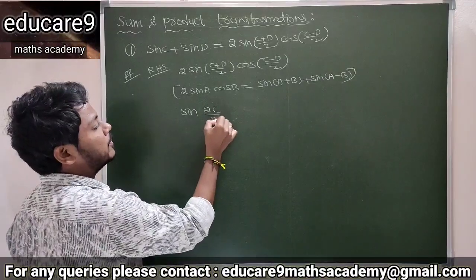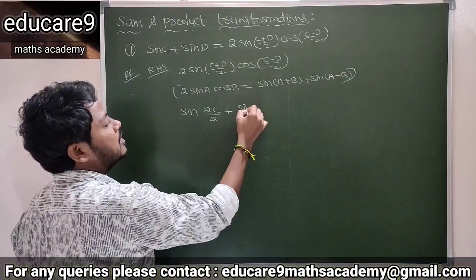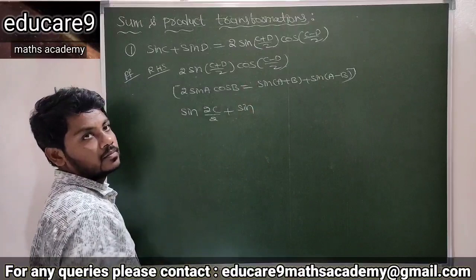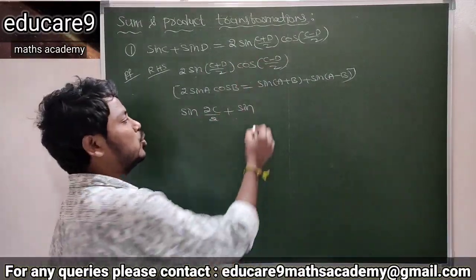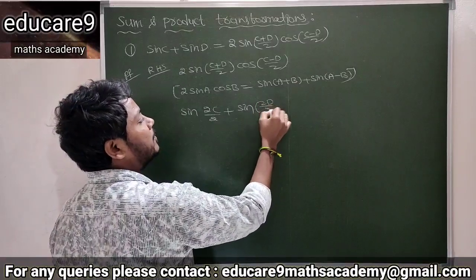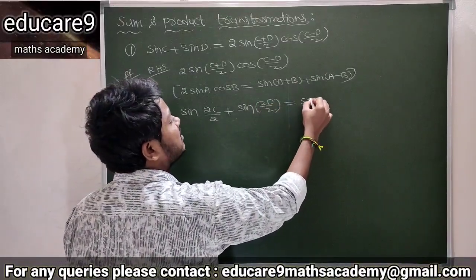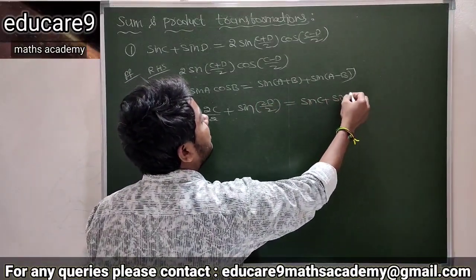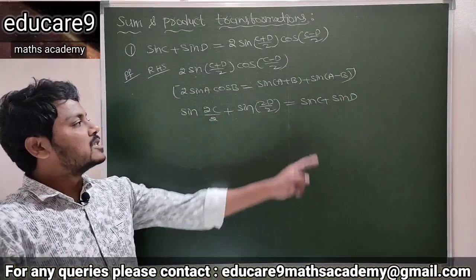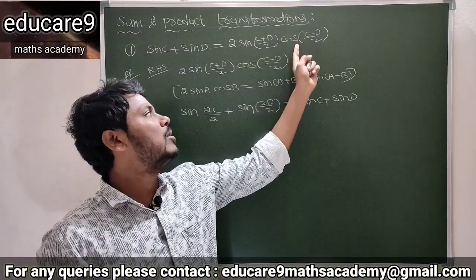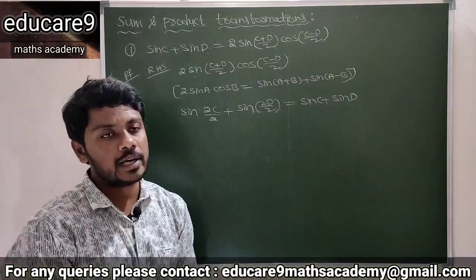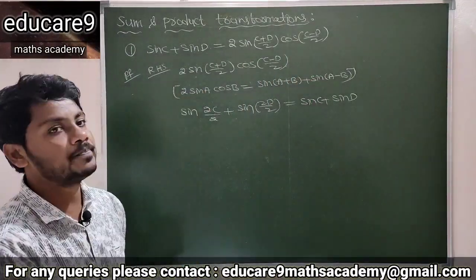So 2C by 2. Next plus, subtract these two. So here C minus C get cancelled, D minus of minus D, 2D. So 2D by 2. So here this is sin C plus sin D. So therefore sin C plus sin D can be written as 2 sin (C plus D) by 2 cos (C minus D) by 2. This is the first formula.